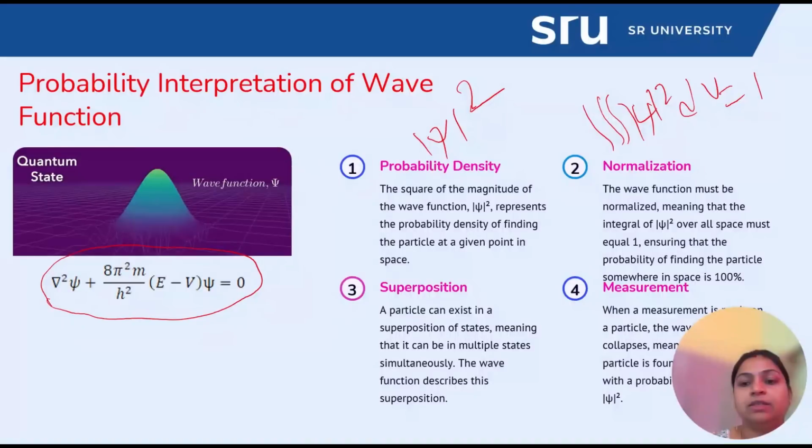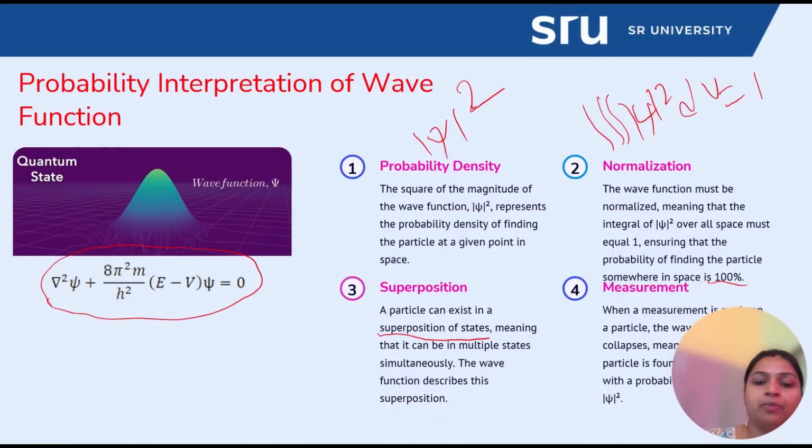And third is superposition, meaning a particle can exist in a superposition of states, that is, in multiple states simultaneously. The wave function describes these superpositions.